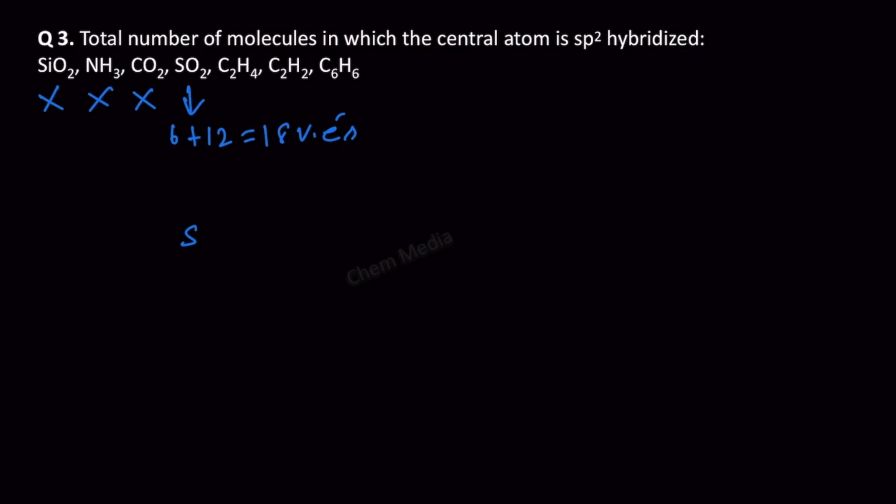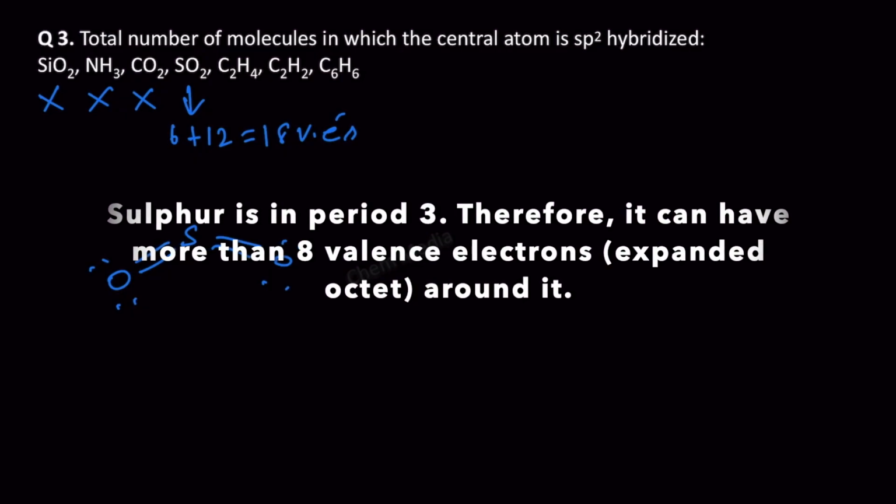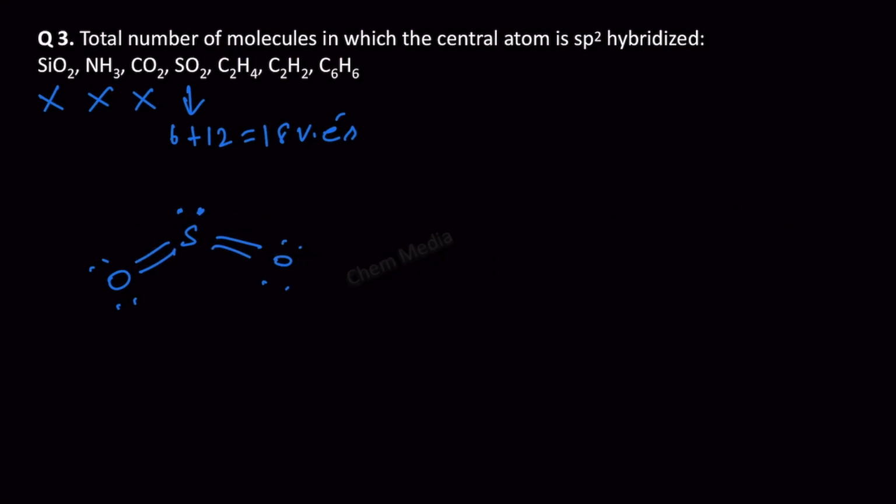Sulfur, and then we have a double bond with the oxygen, and then a double bond with another oxygen, but now we have accounted for only 16 valence electrons. We still have one more lone pair that we can put on top of sulfur. So this means here we have 2 sigma bonds plus 1 lone pair. So the steric number here is 3. Therefore here the hybridization is sp2. This means we need to count SO2.